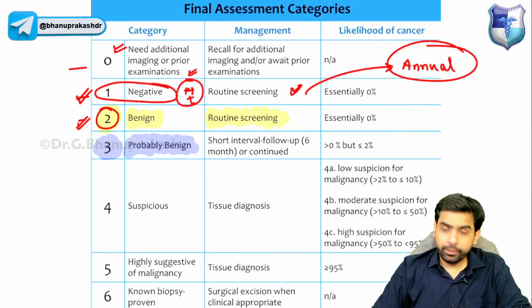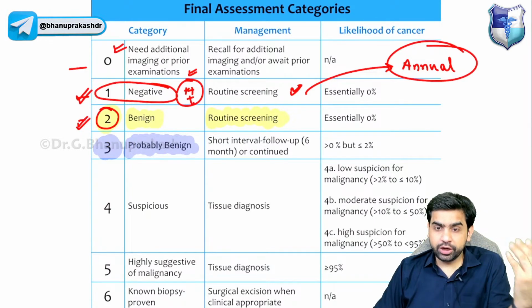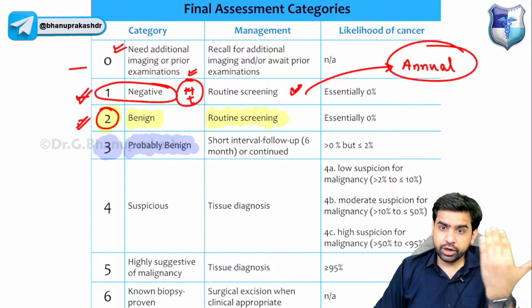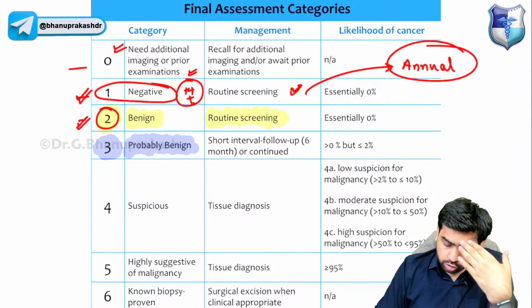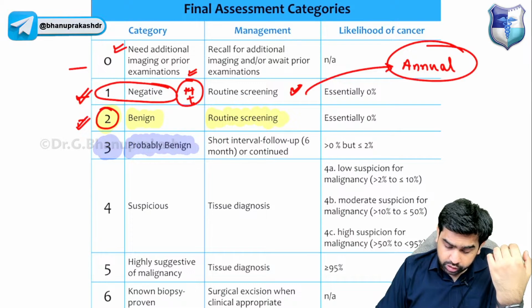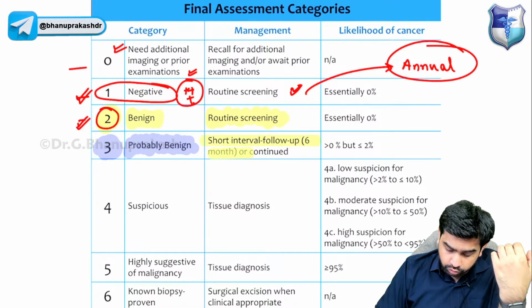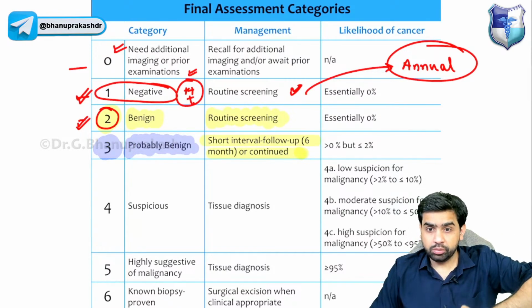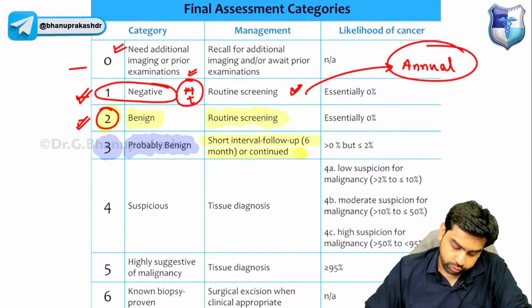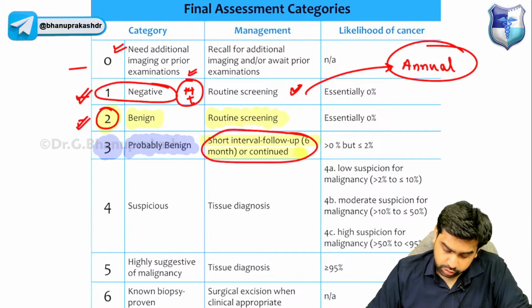That is not true, because in BI-RADS 3, all you do is shorten the screening interval from annual down to 6 months. That is what you need to understand.